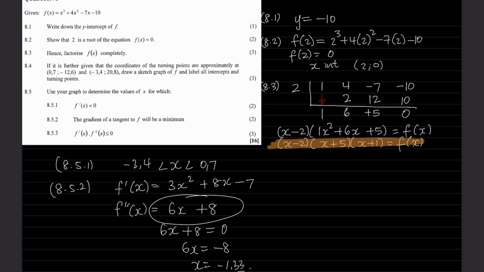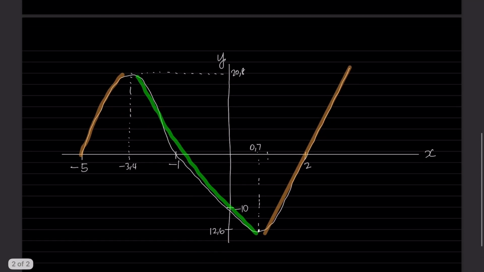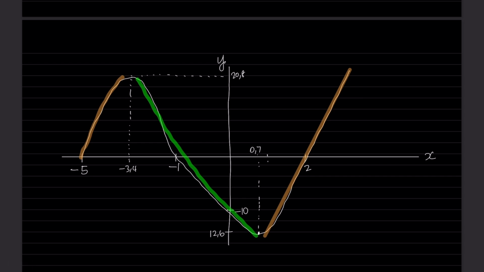The last question reads, use your graph to determine the values of x for which f prime x multiplied by f double prime x is less than or equal to 0. So this is my function for f of x, but I've color coded the f prime x, the derivative, the tangents.